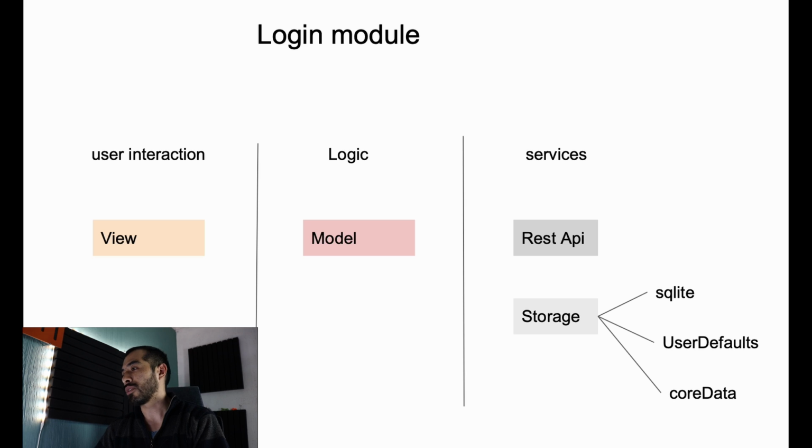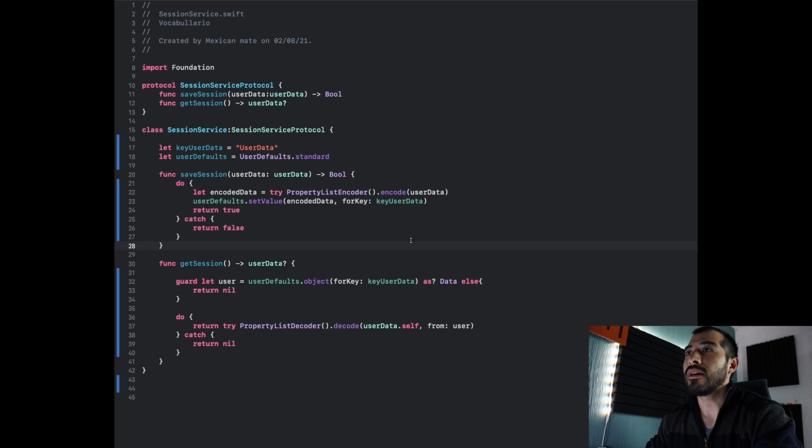Let me show you my code. Okay, this is the implementation for my session service. As you can see here, I'm using user defaults to save and to store information, the user's information. And this class is implementing the session service protocol.